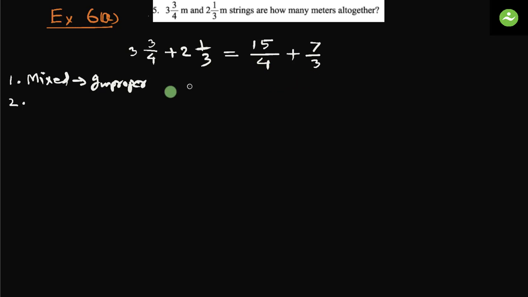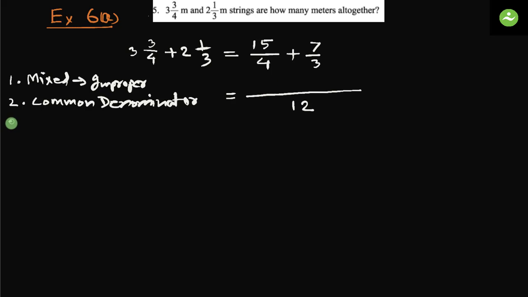Next thing, if the denominators are different, we have to find a common denominator. So we have to find a common denominator here. What is the common denominator? Least common multiple. 3 into 4, 12.